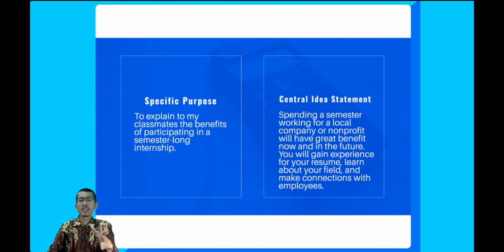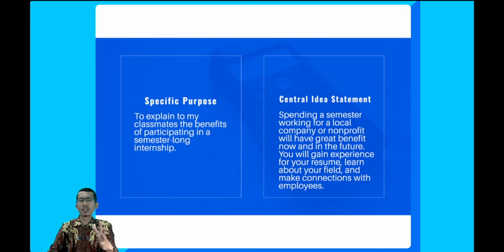Here are some more examples of pairs of specific purpose statements and central idea statements. To demonstrate to my audience the correct method for cleaning a computer. This is the specific purpose. How about the central idea? Your computer keyboard needs a regular cleaning to function well, and you can achieve that in 4 easy ways.